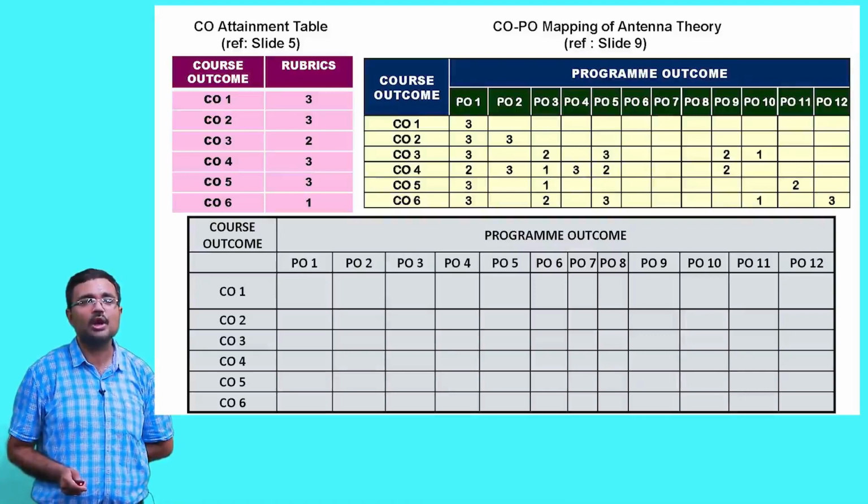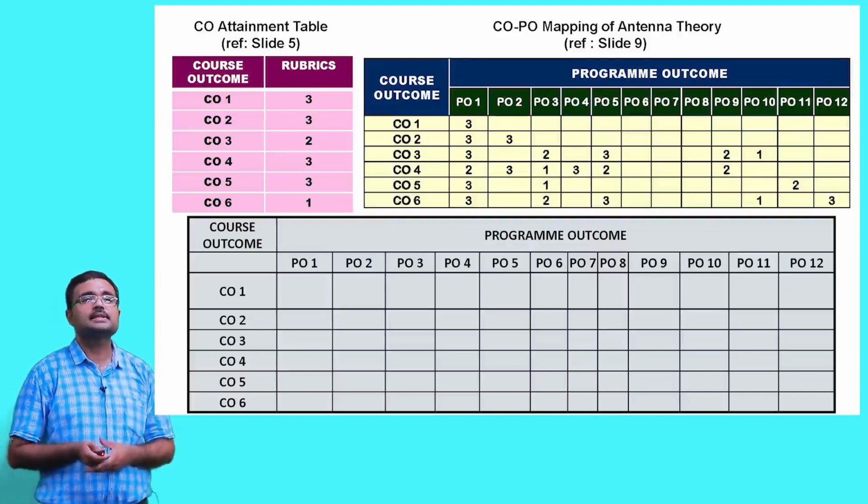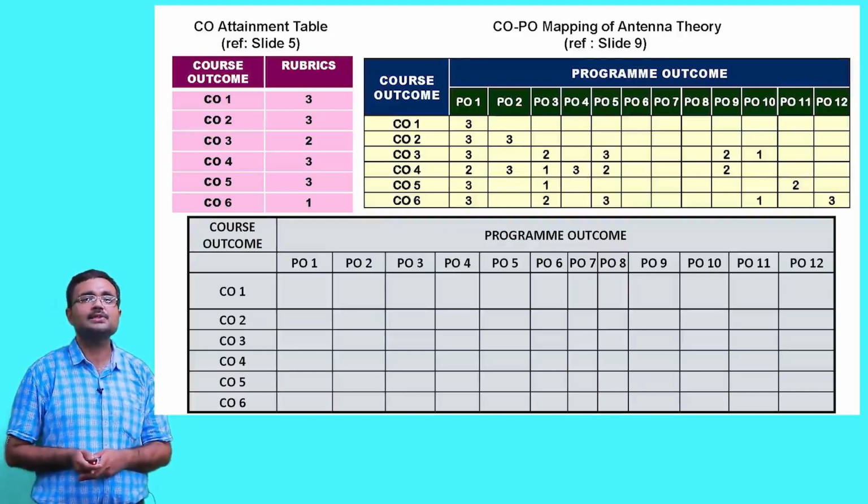So, if CO1 has been highly attained, it automatically means it has contributed highly in the attainment of PO1. I repeat this, CO1 attainment is 3, high attainment. CO1 mapped to PO1, very highly correlated with PO1, 3 degree of attainment.